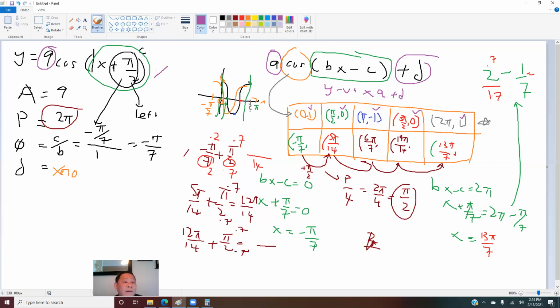We don't have a D, right? So you just take all these y values and multiply by 9. 1 times 9, you get 9. 0 times 9? 0. Negative 1 times 9? Negative 9. 0 times 9? 0. 1 times 9? 9.